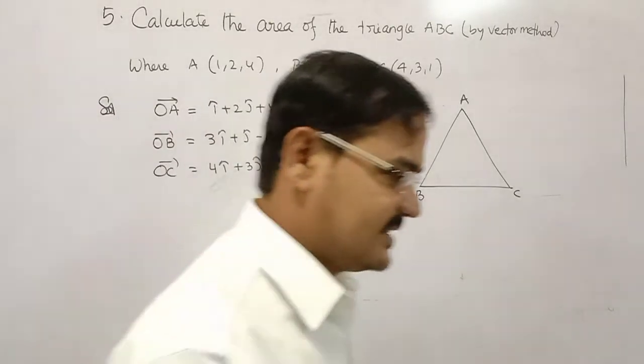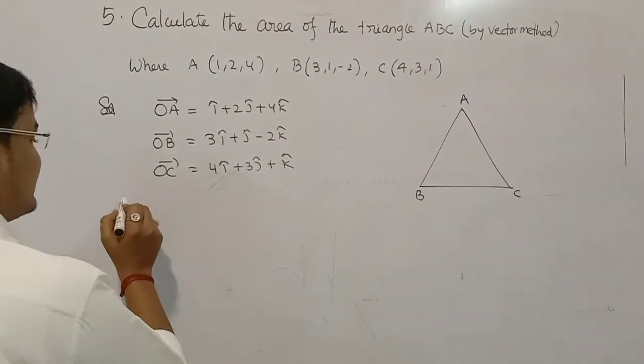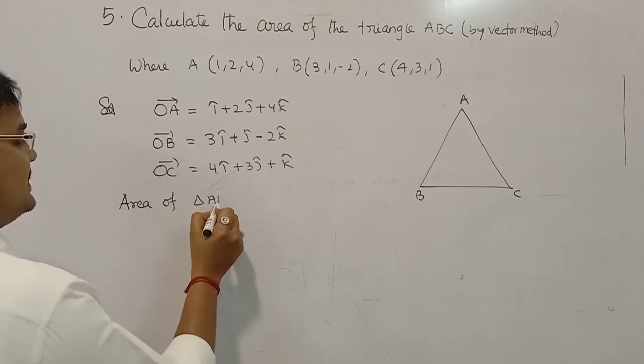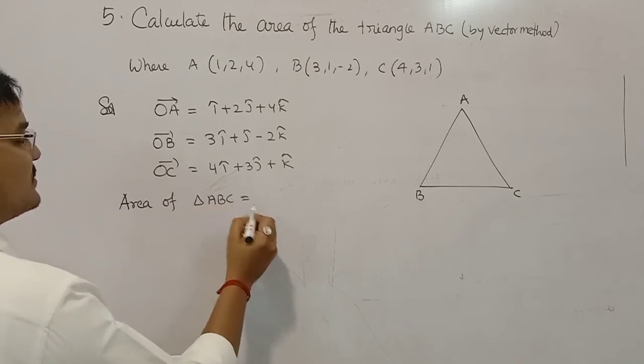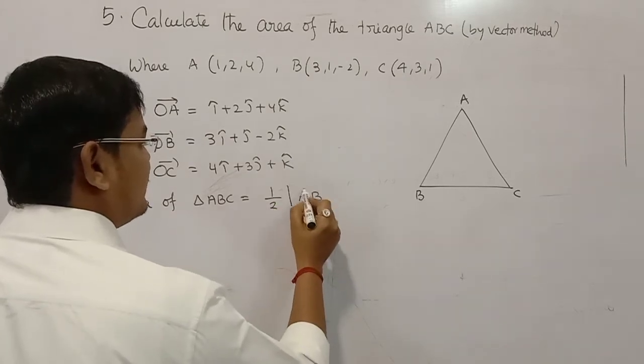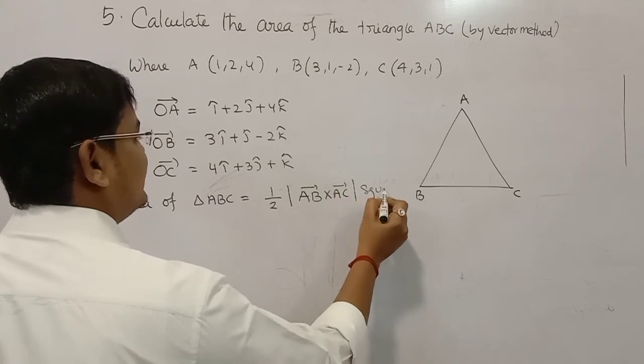These are the 3 vertices given. And what is the area of the triangle ABC? Area of triangle ABC is equal to, what is the formula? Modulus of AB bar cross AC bar square units.